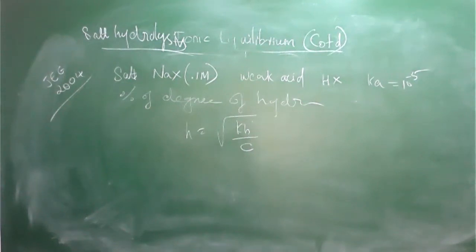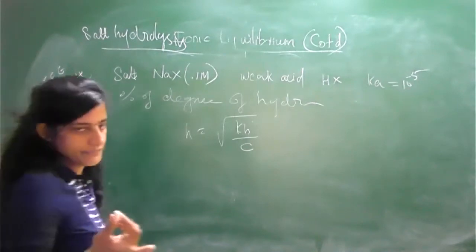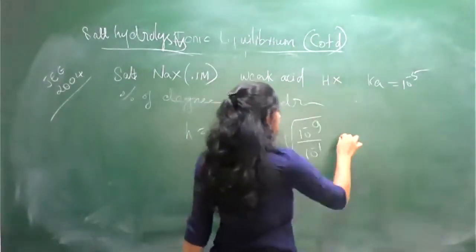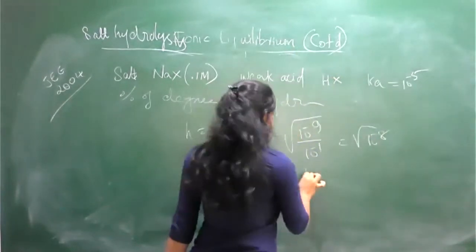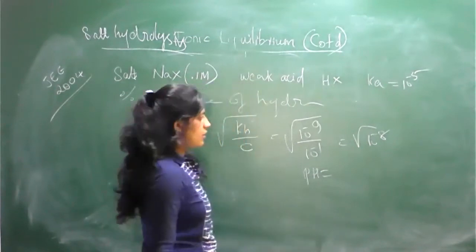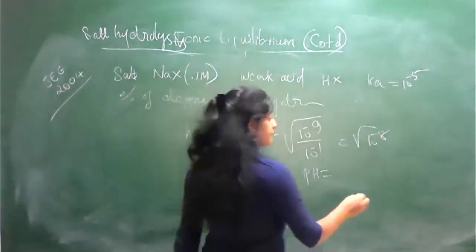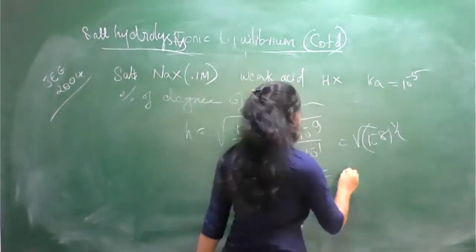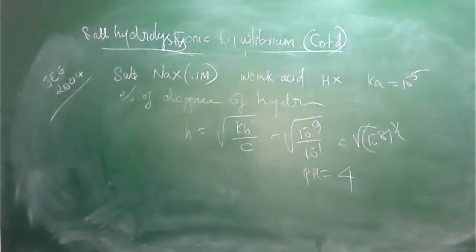I understood your mistake. h is equal to root of 10 to the power minus 9 upon 10 to the power minus 1, which is 10 to the power minus 4.